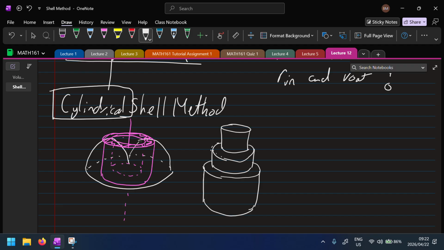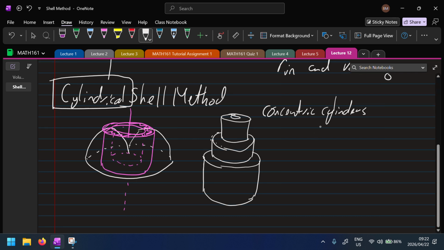We've got a bunch of concentric cylinders going outwards. They all have different heights. The idea is to take this 3D shape and write it in terms of these cylinders. We're going to find the volume of one of the cylinders and then add them up.